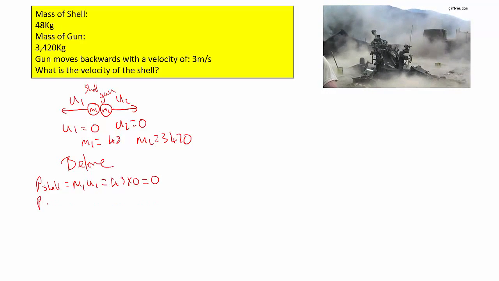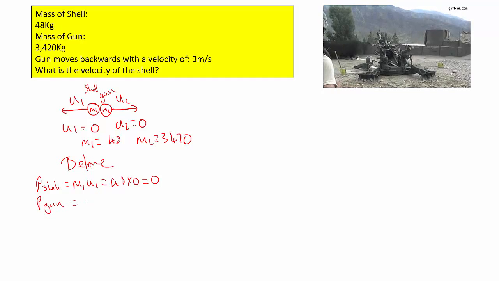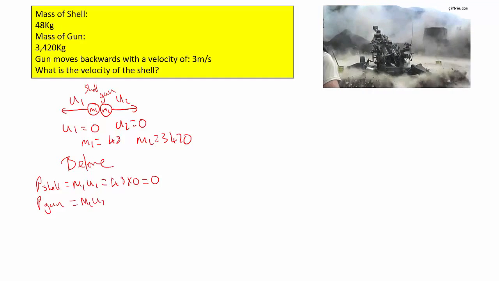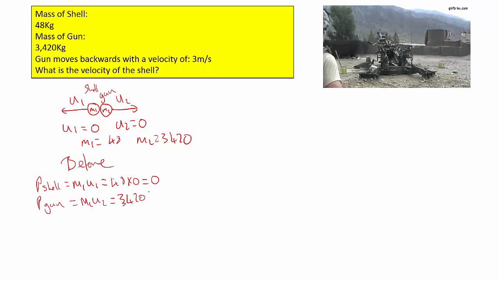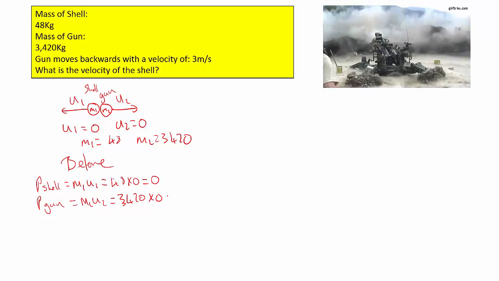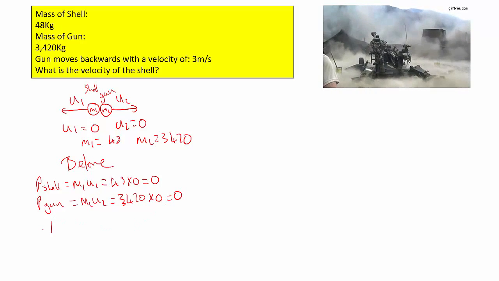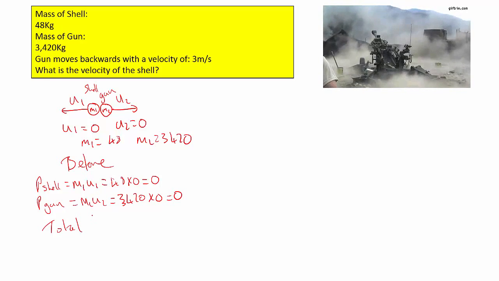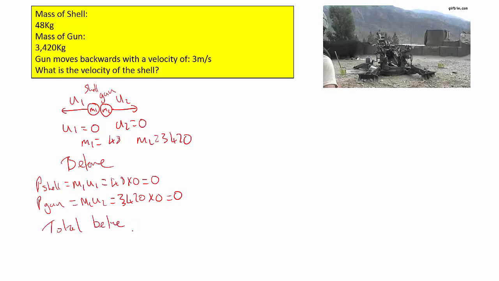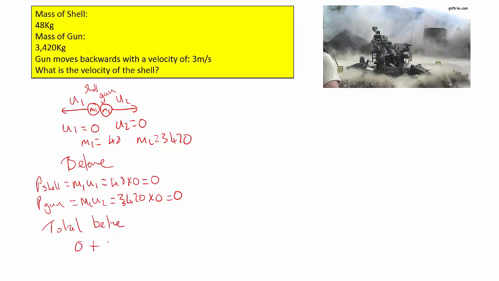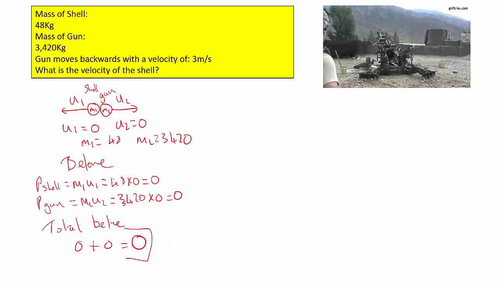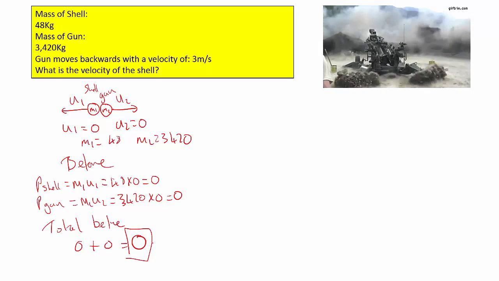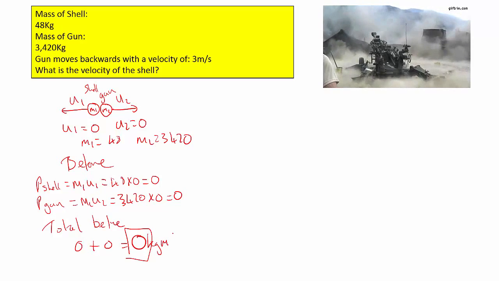And the momentum of the gun is equal to M2 U2, which is equal to 3,420 times 0, which again is equal to 0. So total before is equal to 0 plus 0, 0. So the total momentum before we start is 0 kilogram meters per second.